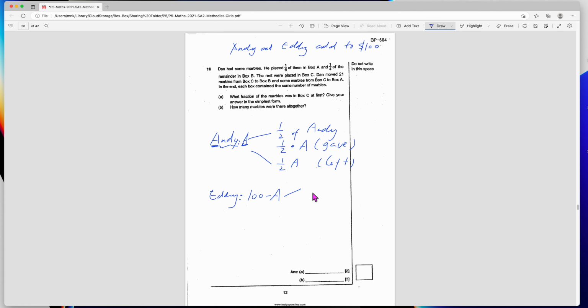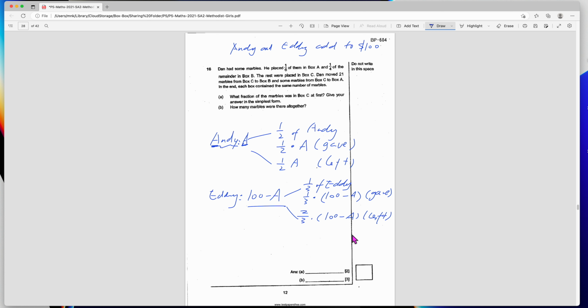Then maybe they say 1/3 of Eddie. 1/3 of means times, and Eddie is this, with a bracket. This is what was given, and if 1/3 is given away, then 2/3 is left, right? Does it make sense? Yes, so this is left.